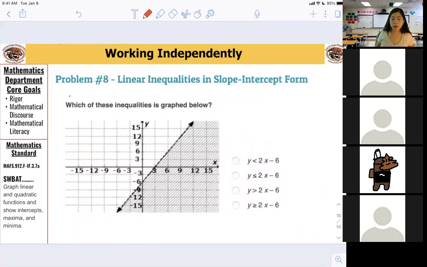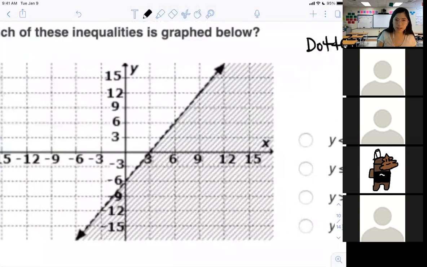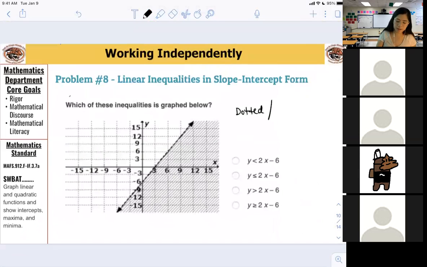Now we have inequalities. So remember that with inequalities, the symbol is very important. In this case, I have an inequality that has a dotted line. It's a little bit blurry, but that was a dotted line. And where is this shaded? Is this shading up or down? Below.